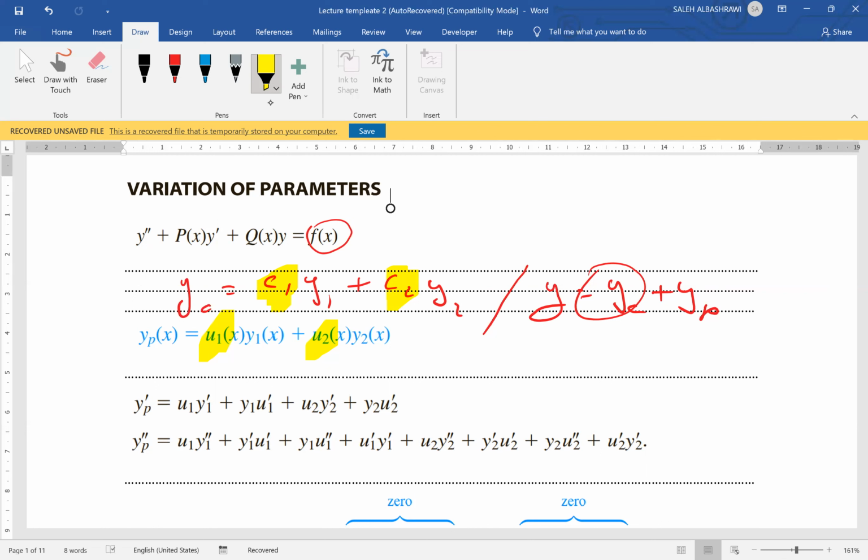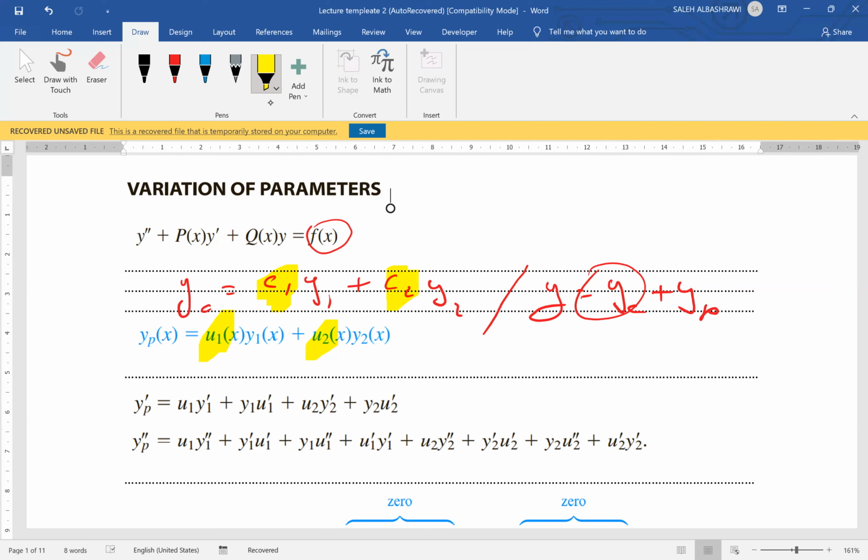Now let's find u1 prime and u2 prime. u1 prime is equal to minus y2 f of x divided by the Wronskian, which is minus e to the power minus 2x multiplied by f of x, where f of x is sine of e to the power x, divided by minus e to the power minus 3x.